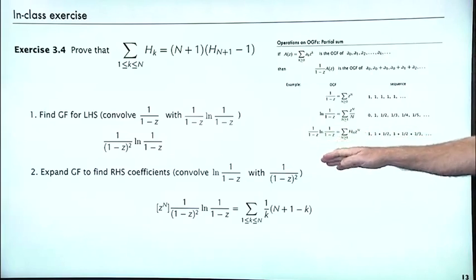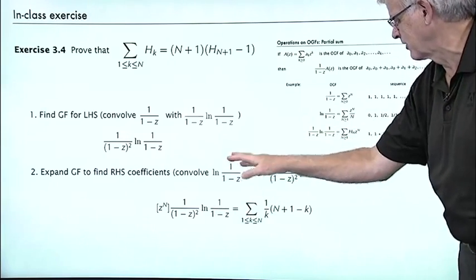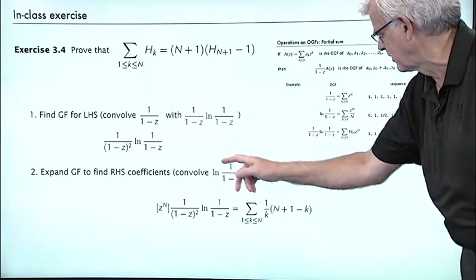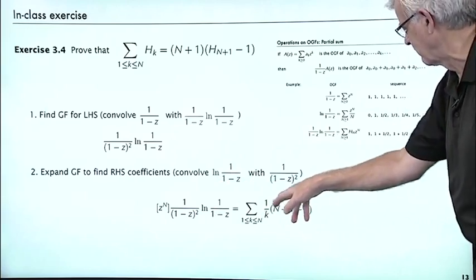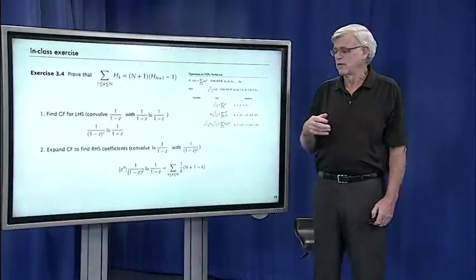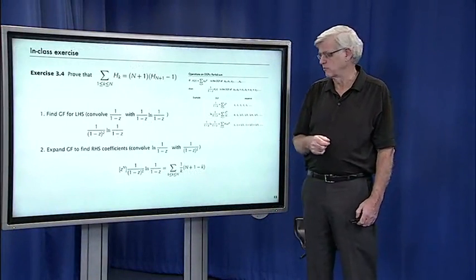So that tells us right away that the coefficient of z to the n in this is a convolution, a sum on k, of the coefficient of z to the n in that one, n minus k, and the coefficient of z to the n in that one, 1 over k. So that's a simple convolution of those two generating functions.